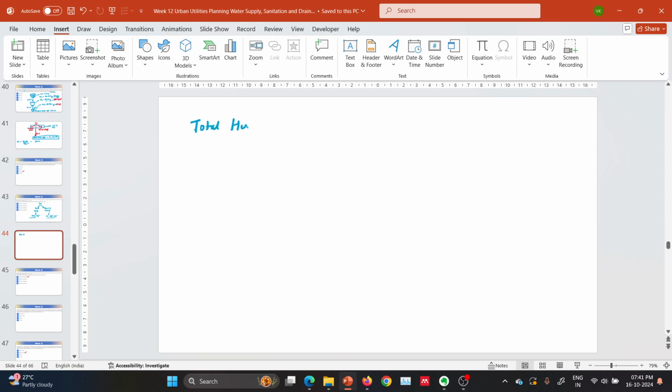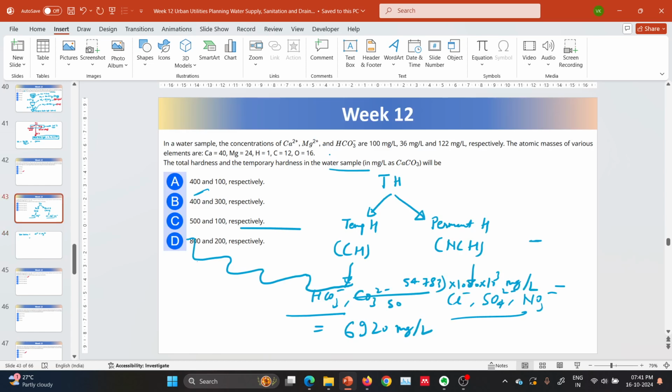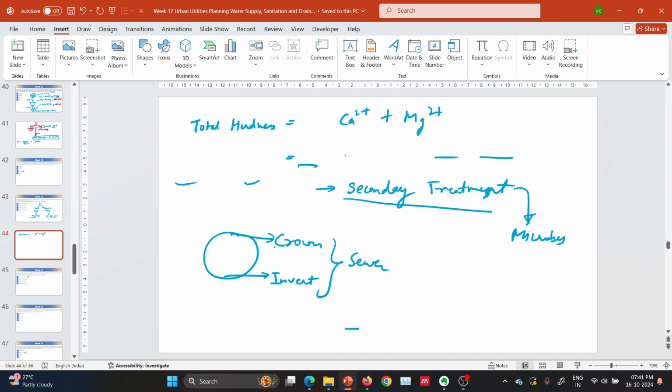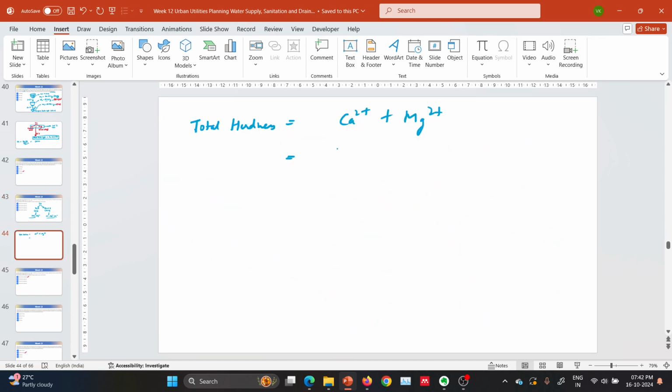In total hardness, we only take multivalent cations. Multivalent cations here are calcium and magnesium, and their weights are given as 100 milligram per liter and 36 milligram per liter.